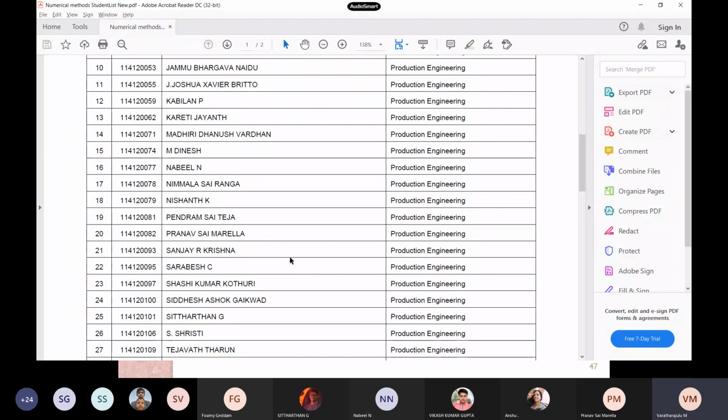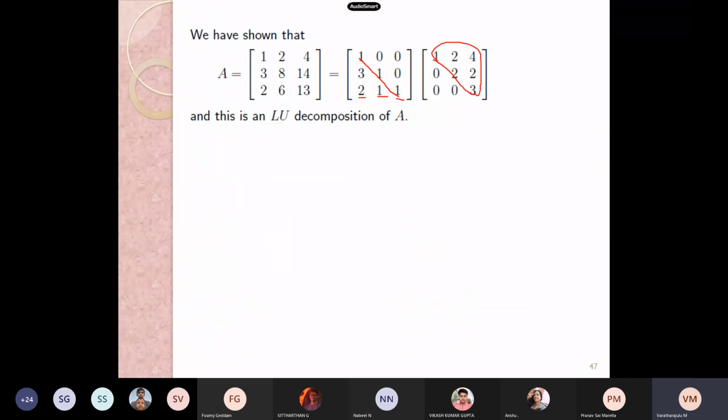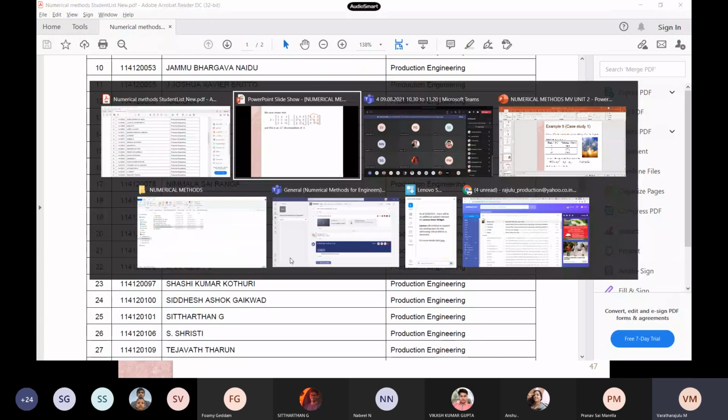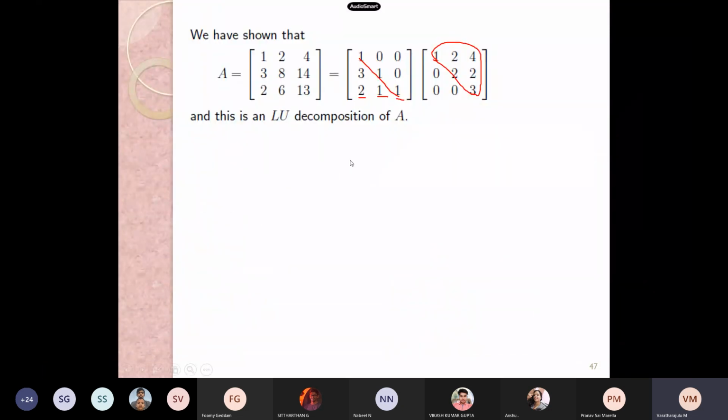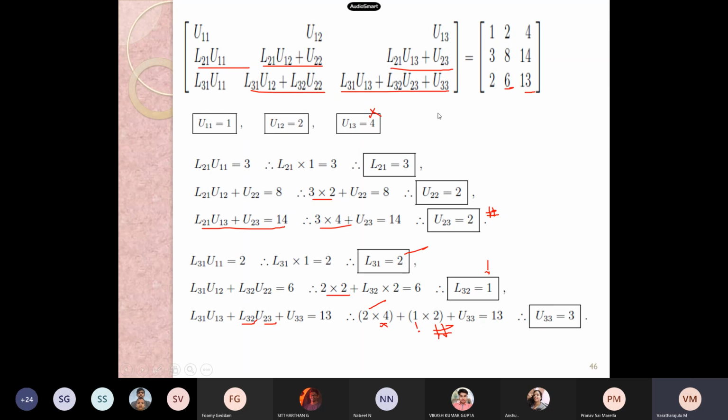Nishant, you please verify these various upper triangle matrix terms. Whether U11 is equal to 1. Have we copied down these things?